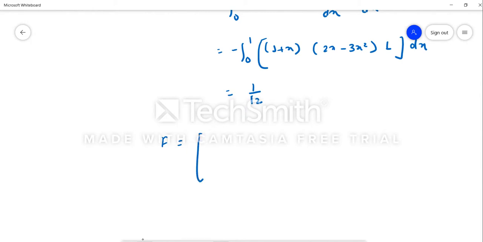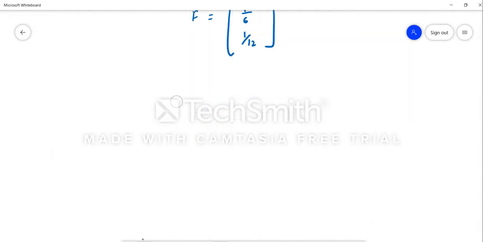So we will have this equation K C equals F. What was our K matrix?